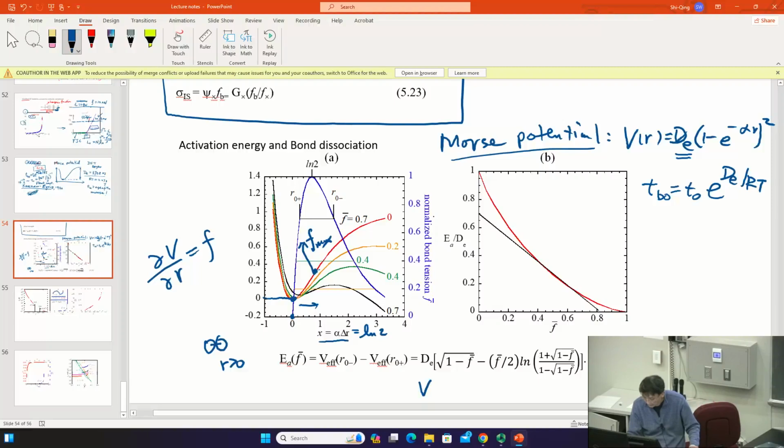What Kauzmann and Eyring suggested is that once you have a force, this bond is sitting in a new potential given by what the force is.